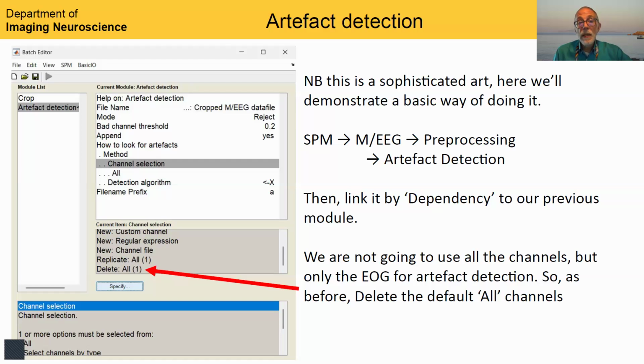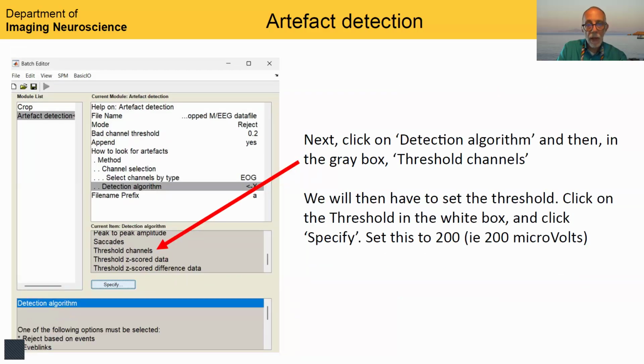So we are going to click on channel selection underneath the how to look for artifacts method. And first, we're going to scroll down and delete all. And then we are going to select the new channels, and we're going to select channels by type, which I have not shown in detail here.